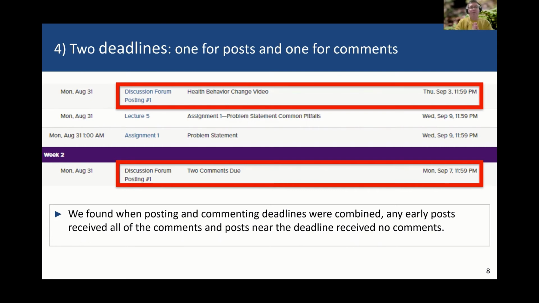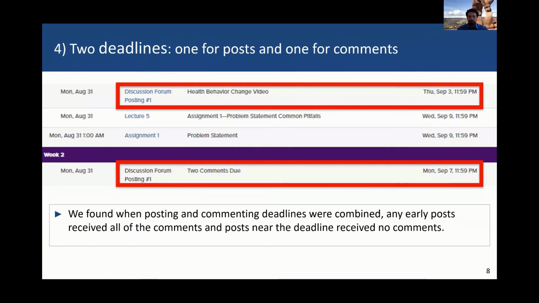We tend to split it up so that you might have your original post due midweek, maybe a Wednesday or Thursday, and then we'll ask them to make comments maybe 3 or 4 days later, so that they've had a chance to get their post up, but then there's space for them to go through and read their classmates' posts. This also supports students not just responding to the first 2 posts that they had in the class. Those students might get overwhelmed with trying to respond to everyone's posts, which is not fair just because they were early out of the gate to get things online.